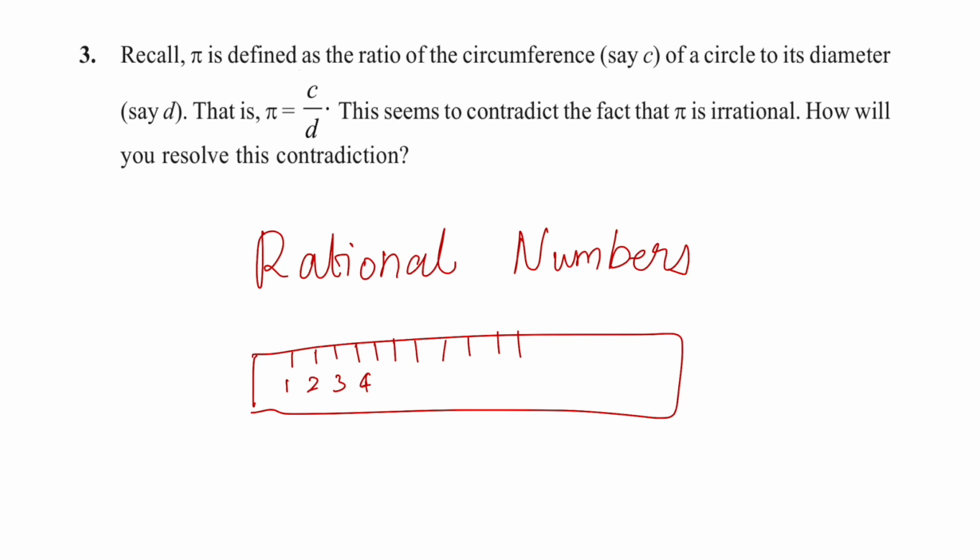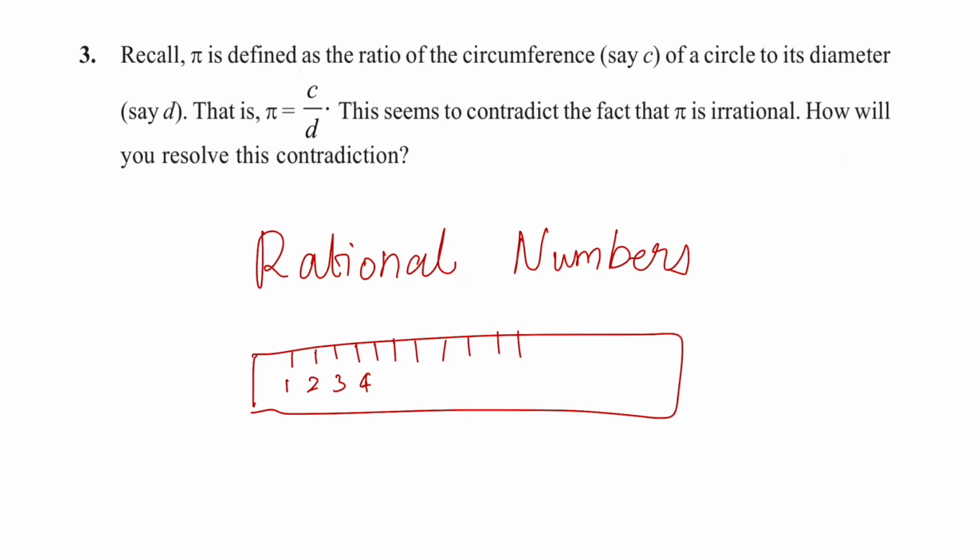But that is not actually the right method, right? Because we are measuring using an instrument that measures only rational numbers. So in fact, they are irrational numbers, but you are measuring to the closest rational number, and that is why you are getting pi's value to be rational.